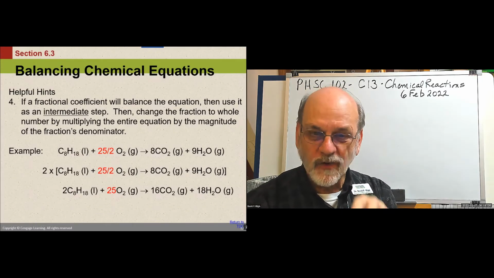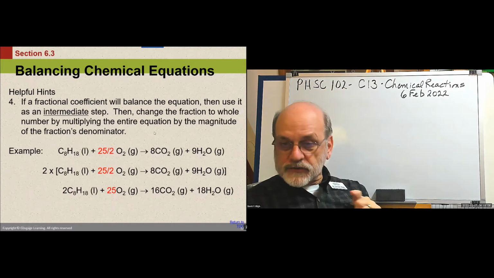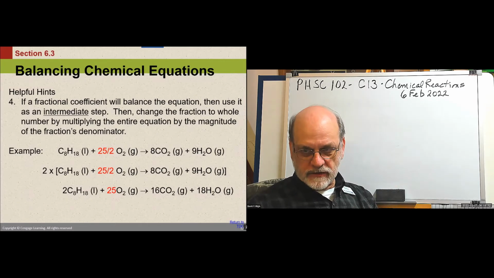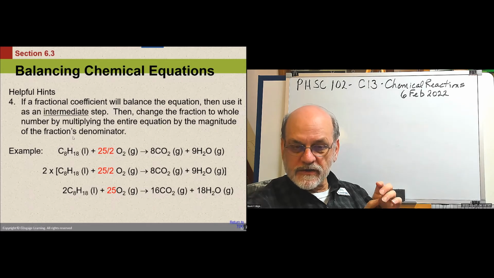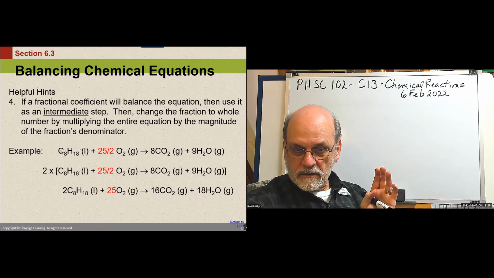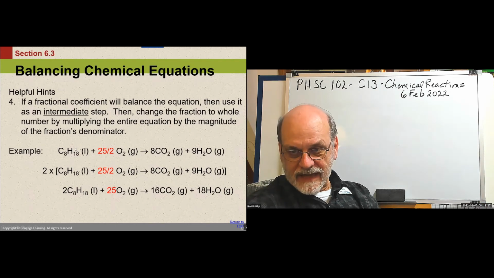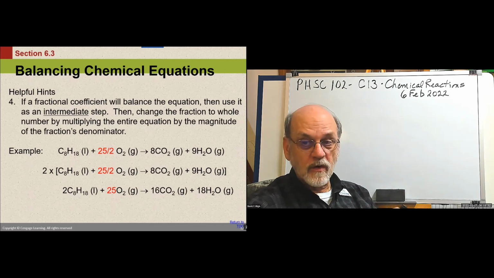This balancing relates to the 4th hint. It's true that we want to end up with whole number coefficients, the simplest ratio of whole number coefficients for the balanced equation. But on the way to that end game, it may be convenient to use fractional coefficients. That's what I've done here.